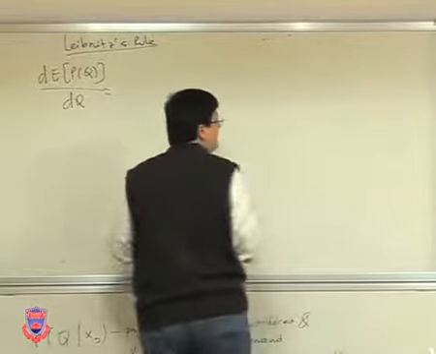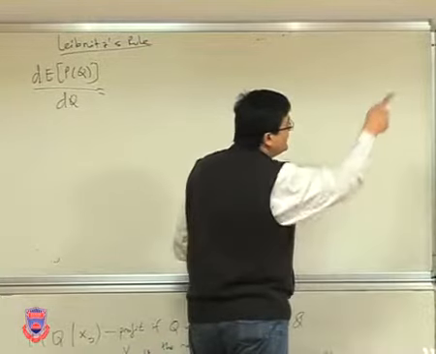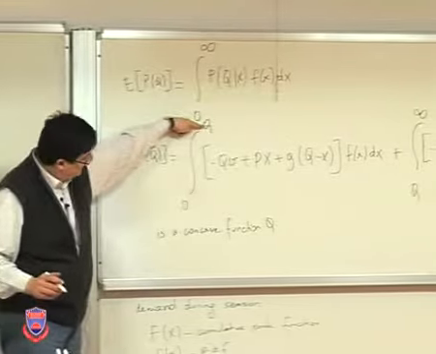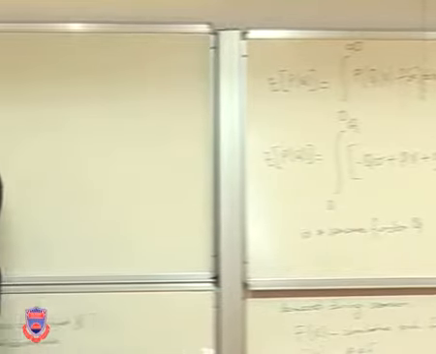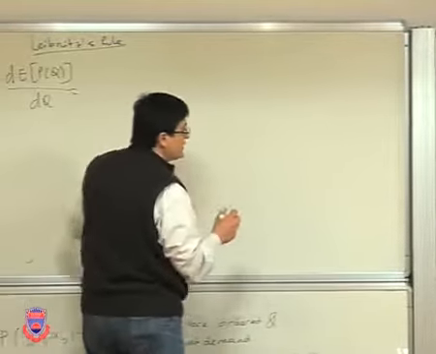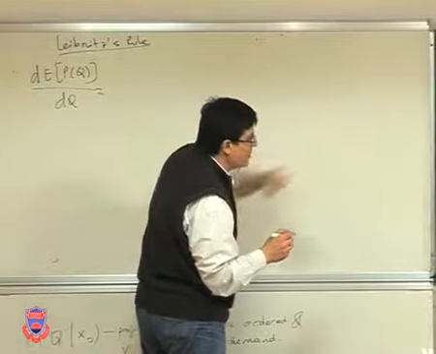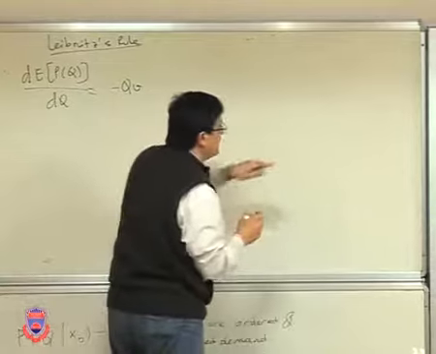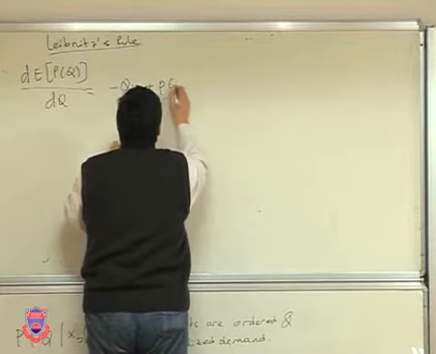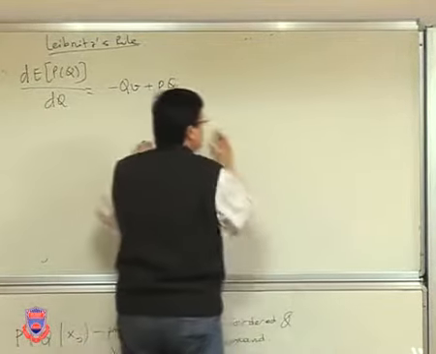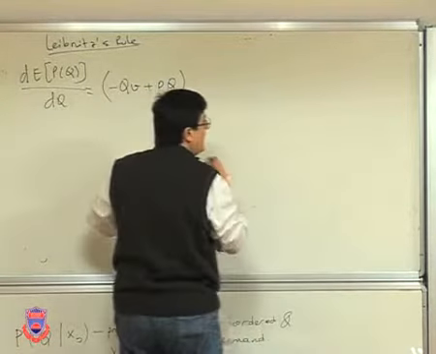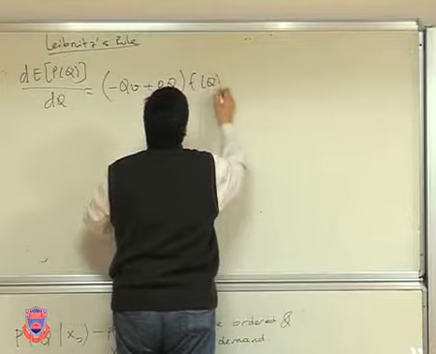So let me start step by step. The derivative of the upper limit is 1. So I'm going to have 1 times, and instead of x, I'm going to place q. So I will have minus qv plus pq, plus, well, that term is going to vanish, times f of q.